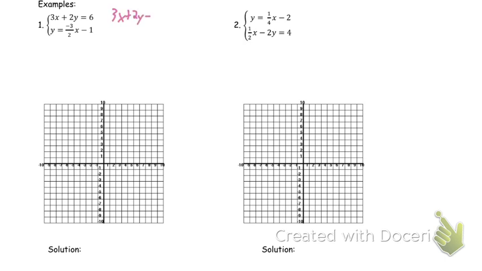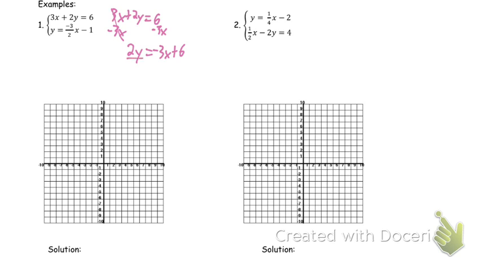Subtract 3x, right? 2y equals negative 3x plus 6. Now what do I do to get y by itself?